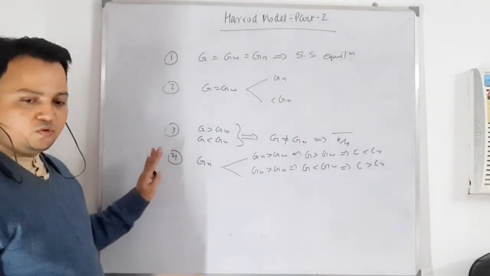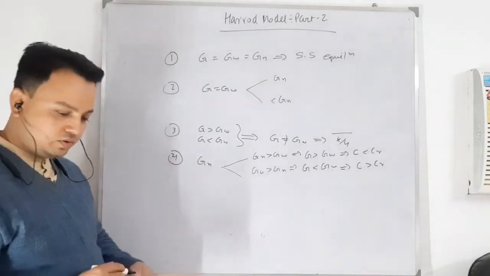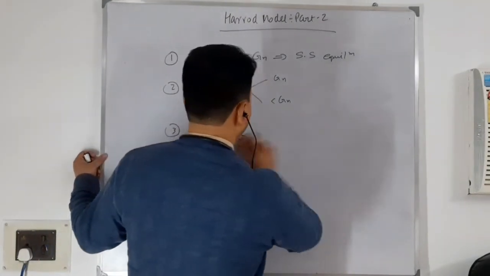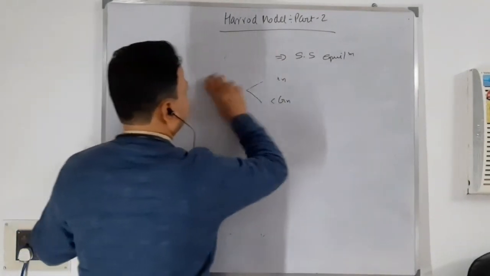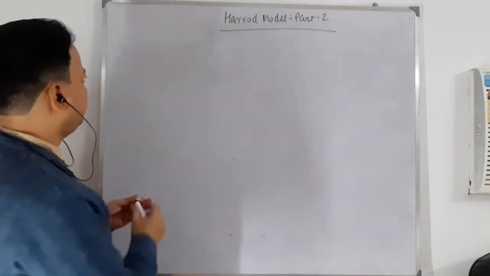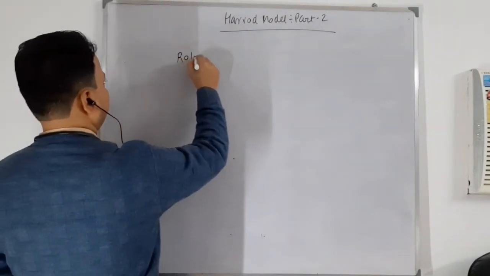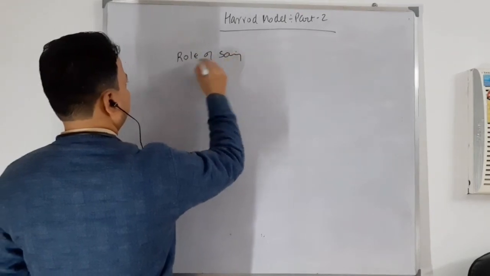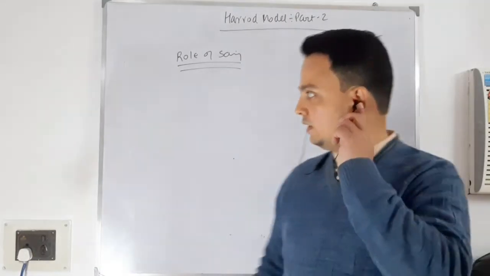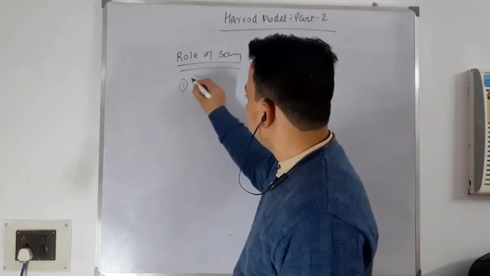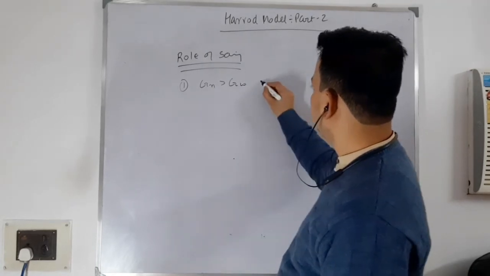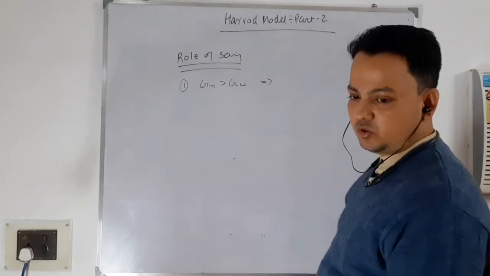Now I am going to look at the policy implication, or role of saving. So here, first, when Gn is greater than Gw, what will happen to the economy?